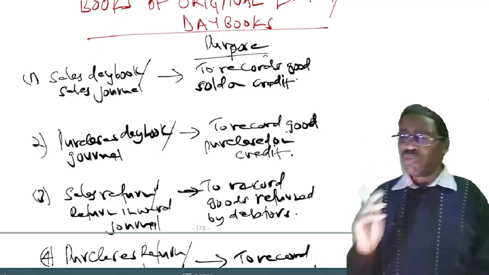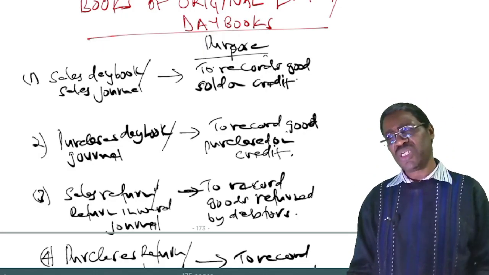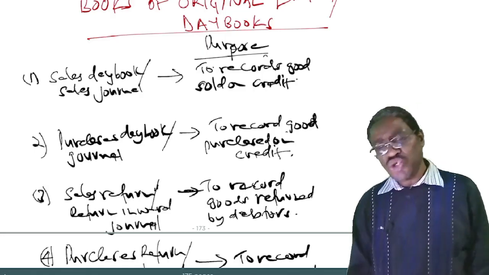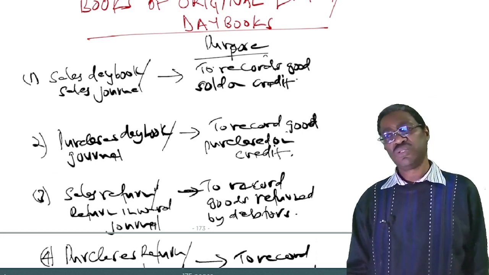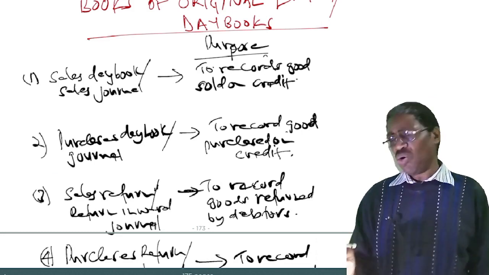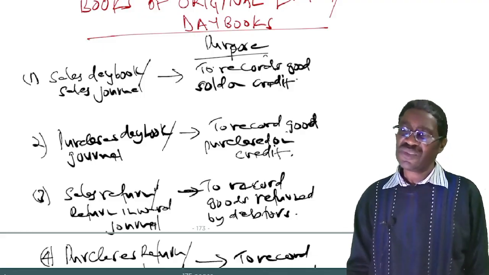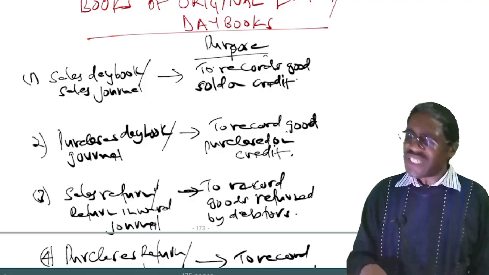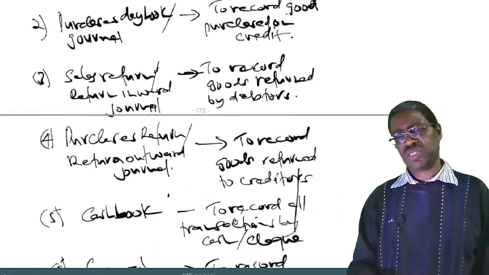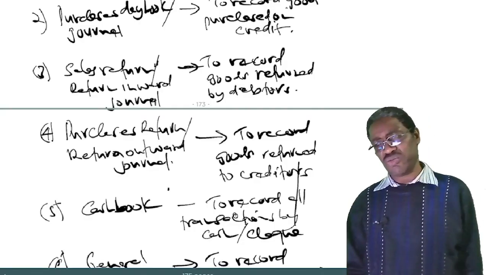Good. So my question was, if you buy a motor vehicle on credit, do you record it in the purchases daybook? No. Why? Because it's not a good. It's a fixed asset. Two, though you are purchasing it, you can't record it in the cash book, because you are buying it on credit from General Motors.